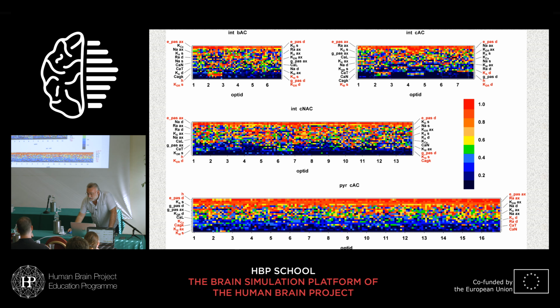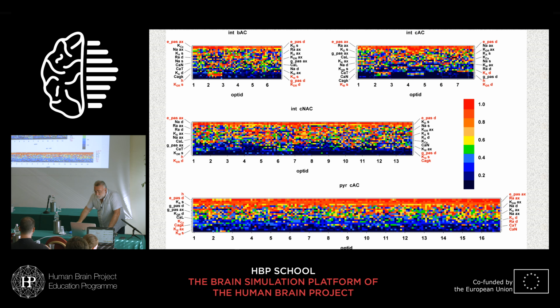The name of the conductance is here on the axis. We use two axes, but they're the same, just because all of them cannot be placed on the same axis. They are normalized values. So black means a low value of conductance, low with respect to the range that we have set up, and red means high.